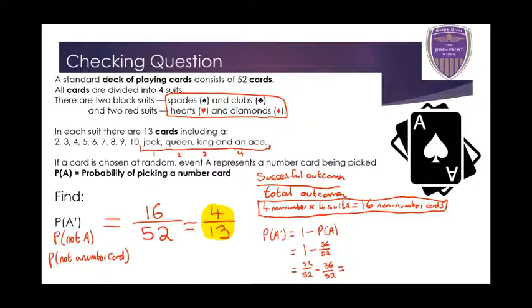And that would give you the same answer as 16 over 52. So there are 2 different ways of working it out. You either do 1 take away P of A happening, or you can go straight in and figure out the chance of A not happening. But either way, you get the same answer: 16 over 52, simplified to 4 over 13.